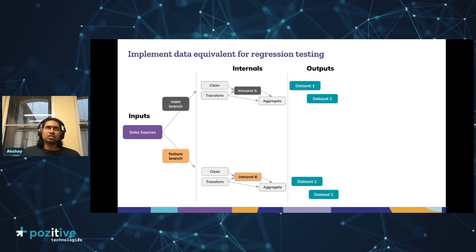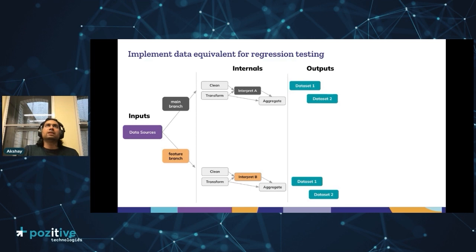There was no easy way of understanding, if I made a change, let's say in this interpretation B, how it would affect the data sets it was producing or any downstream pipelines or data products that we have. Because it's all connected, it wasn't easy to identify exactly how a particular change would affect the entire data product.